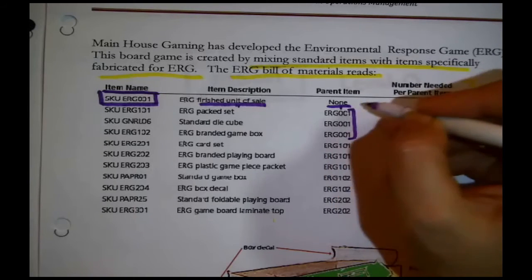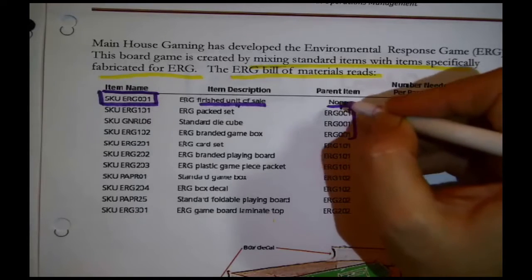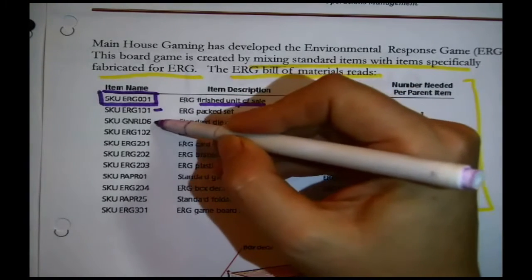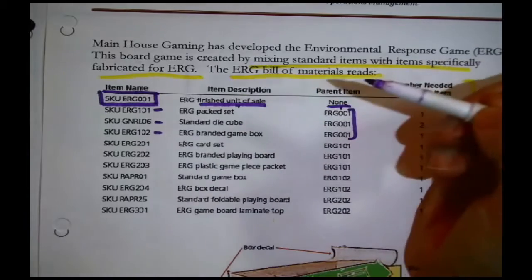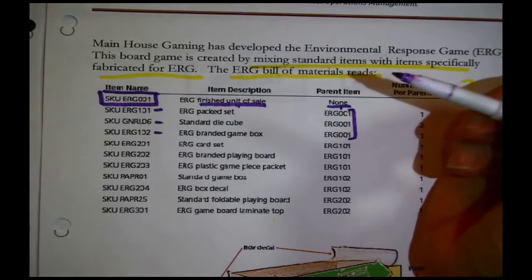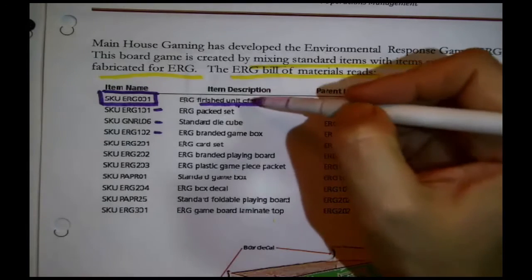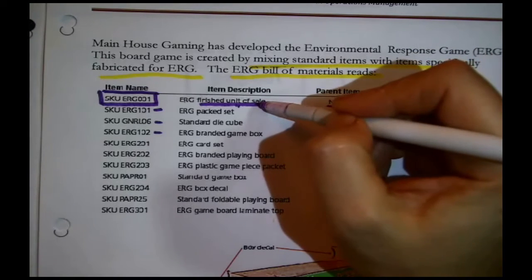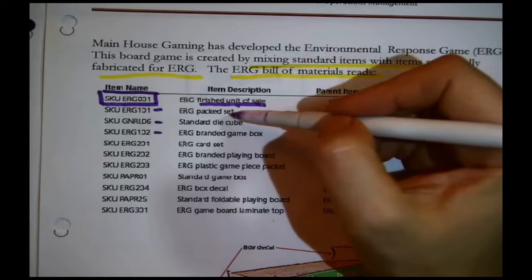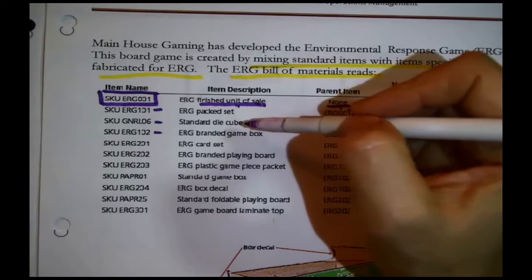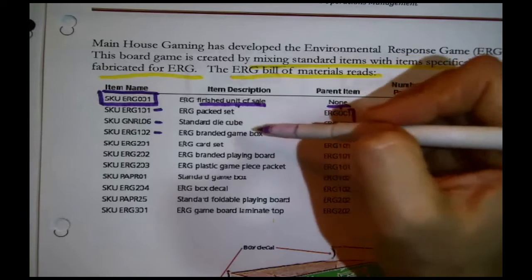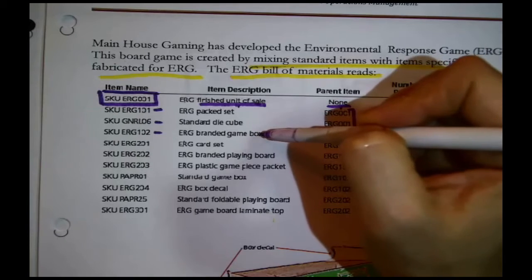Under parent item ERG001, the next 3 items all list ERG001 as the parent. That means that in order to assemble a finished unit of sale, you need a packed set, some standard die cubes, and an ERG branded game box.